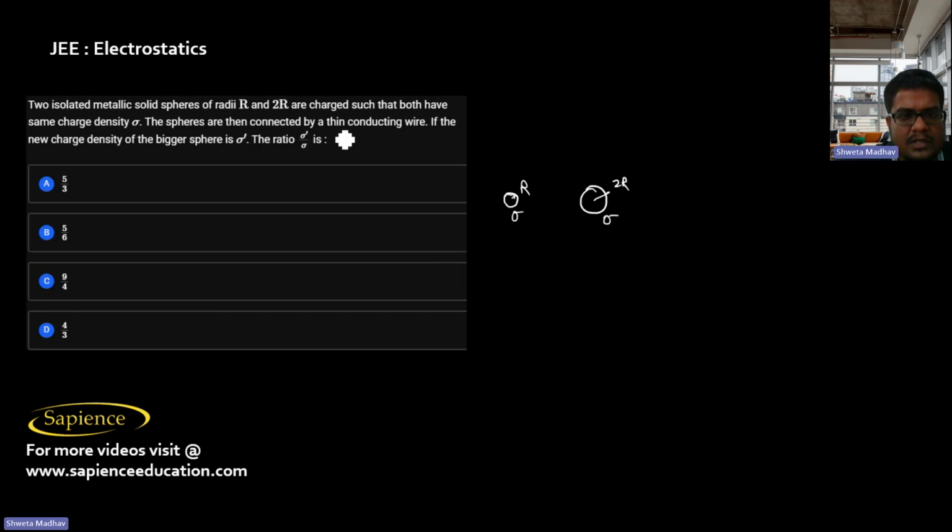The spheres are then connected by a thin conducting wire. If the new charge density of the bigger sphere is sigma dash, then sigma dash by sigma is equal to how much?